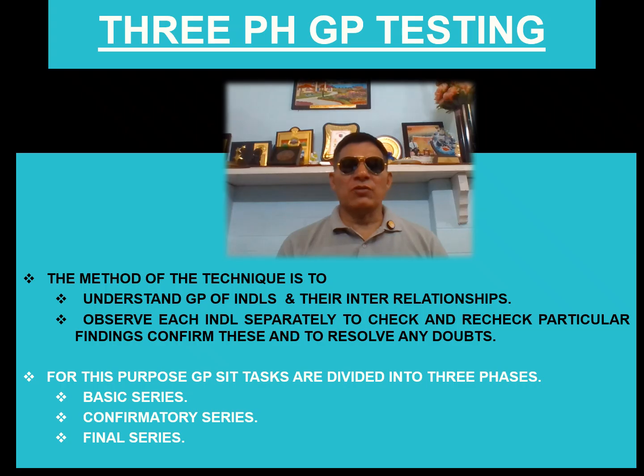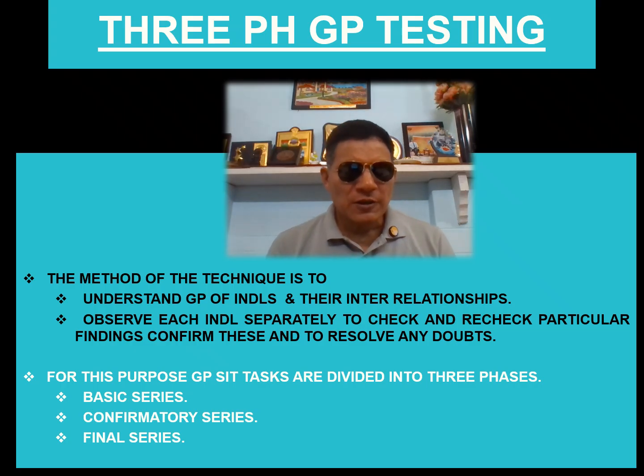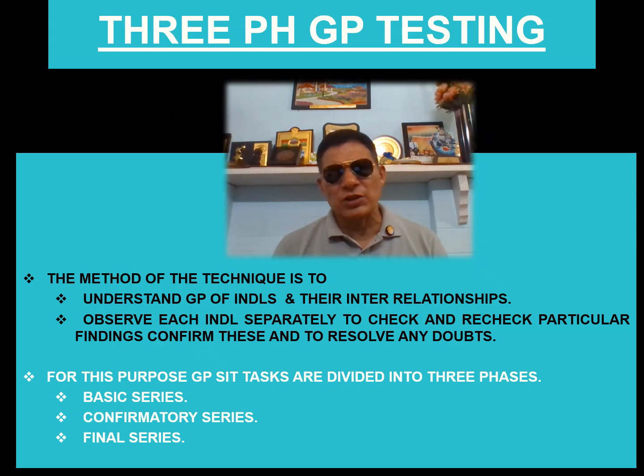In case of any doubt about any candidate, whether he is coming out with good qualities or not, whether he is hiding something, or he is bluffing, or he is not straightforward, or he is really showing his potential, that check, recheck, confirmation, reconfirmation is carried out in this approach. For this purpose, group situations are divided into three phases: basic series, confirmatory series, and final series.